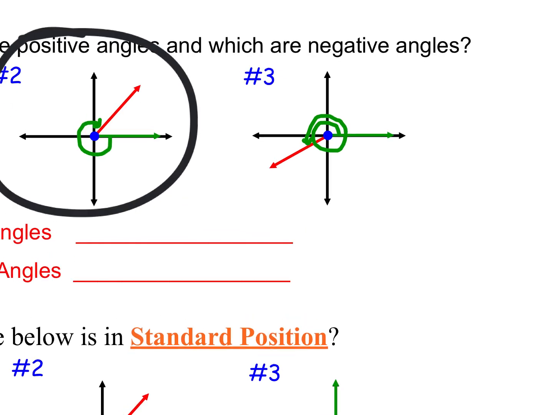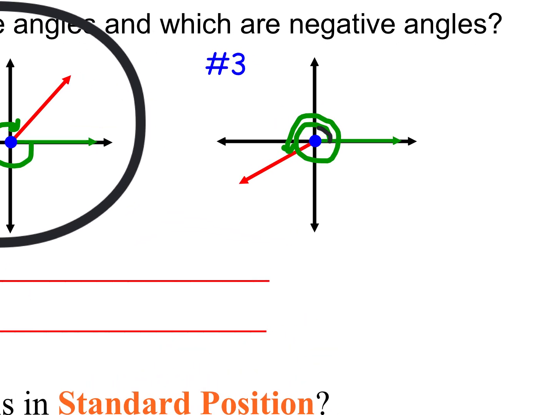If you look close, you'll see it started here and went that way. Is that going the positive or the negative way? Say it. That is the positive way because it went up first and that's positive. That's the positive direction. It started that way. So this one was positive.